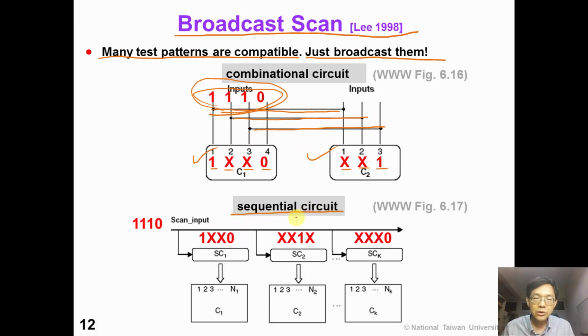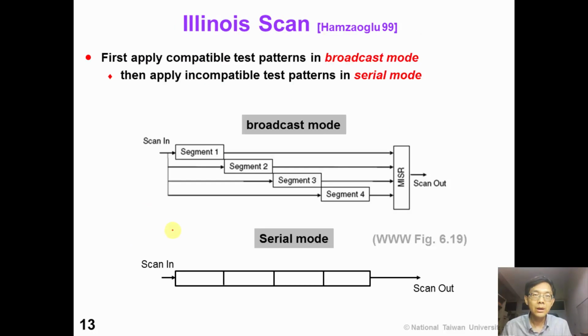Similarly, for sequential circuits, suppose 3 circuits require the same compatible test pattern. We can tie their scan input together and broadcast this test pattern 1110 to these 3 circuits. And then the University of Illinois also proposed a similar idea called Illinois scan.